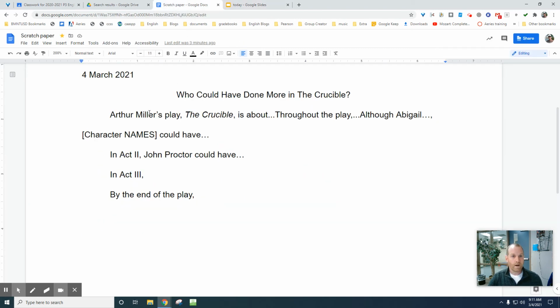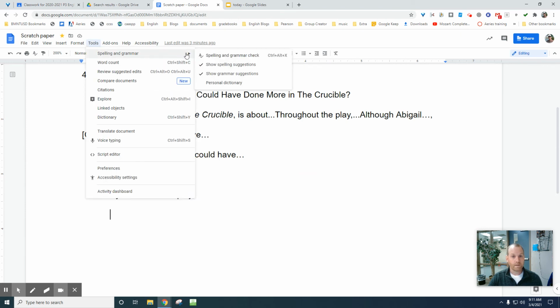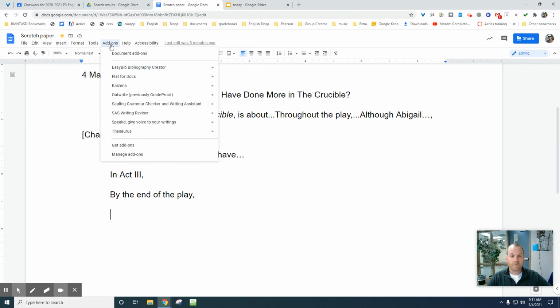So in Google Docs, I need to go up here to Tools, and I actually need to run the spelling and grammar check. Okay? So not just relying on the underlines, but actually running the grammar check. Earlier in the year, we also did some add-ons. I think the Sapling add-on, or, oh yeah, this is one right here, the GradeProof one.